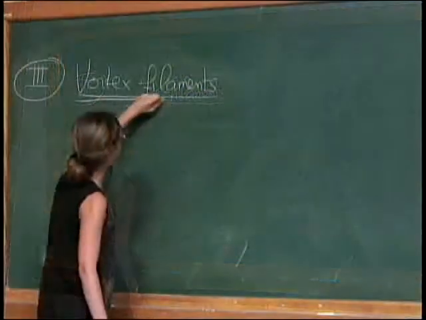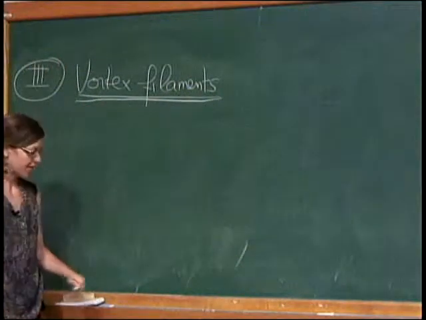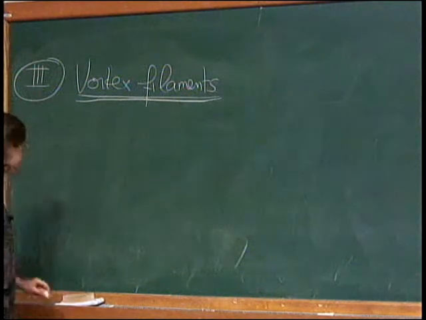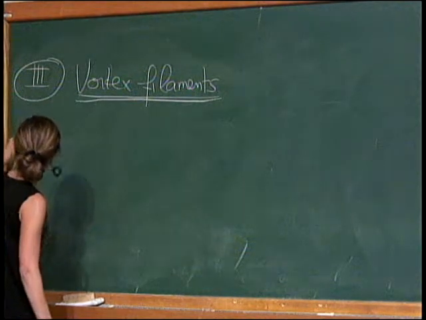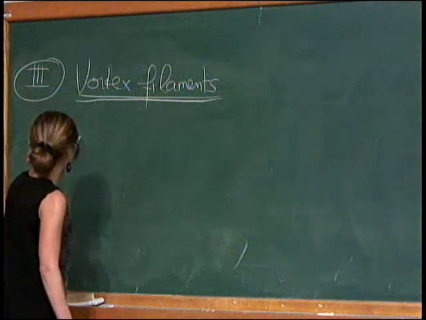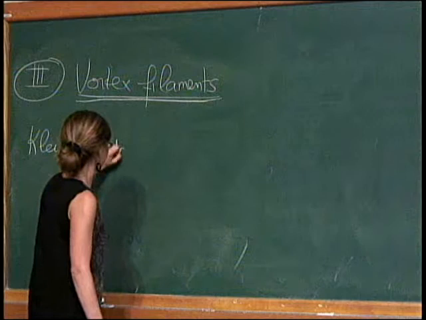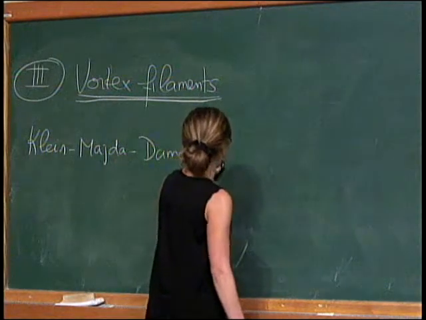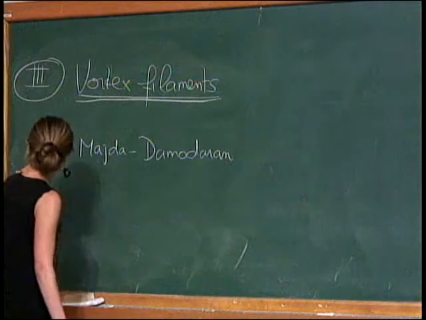And I will present first the previous results on the vortex filaments. So Klein, Majda, and Damodaran studied, from a theoretical and numerical point of view, the case of the pair of filaments, essentially the case n equals 2.